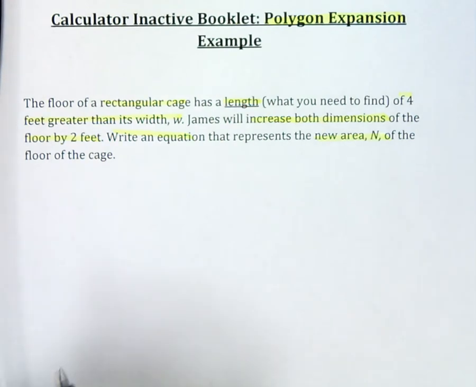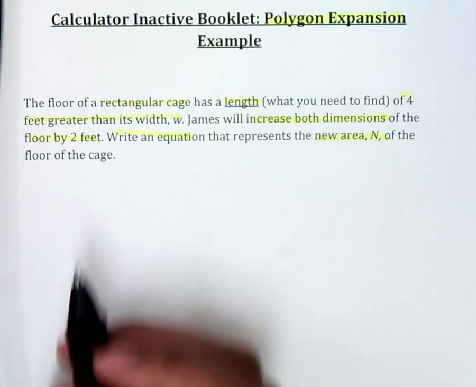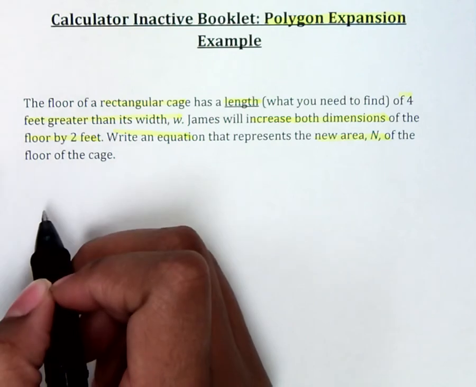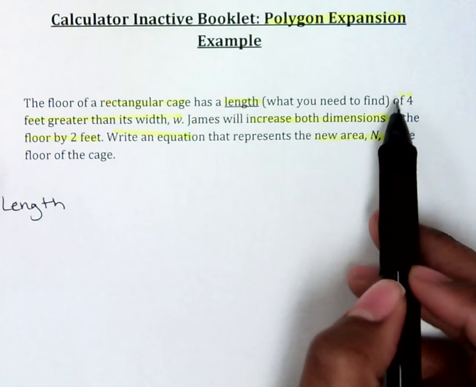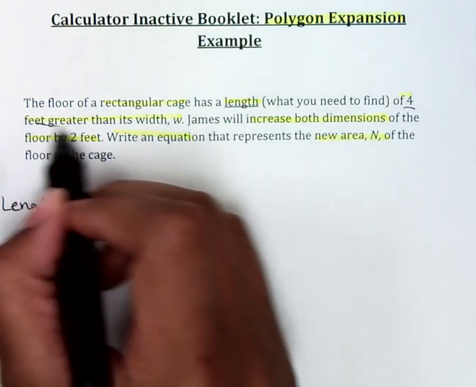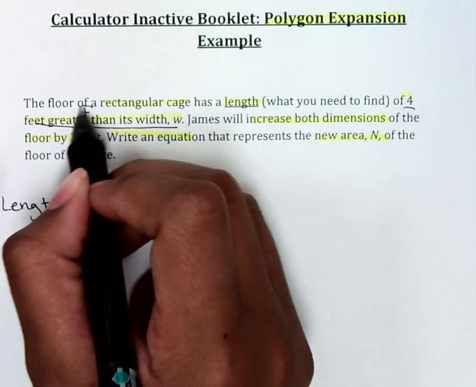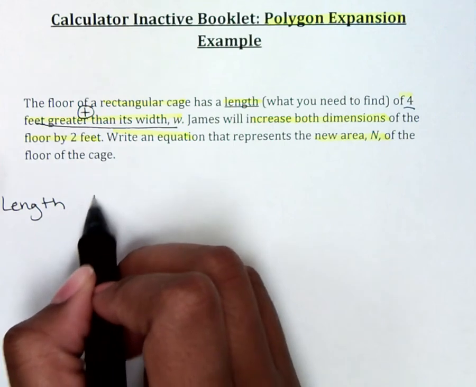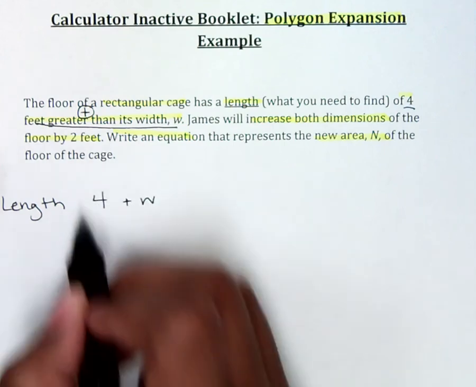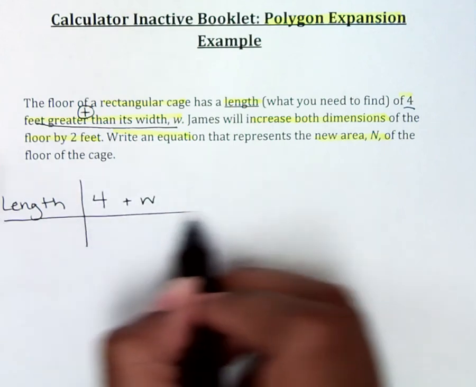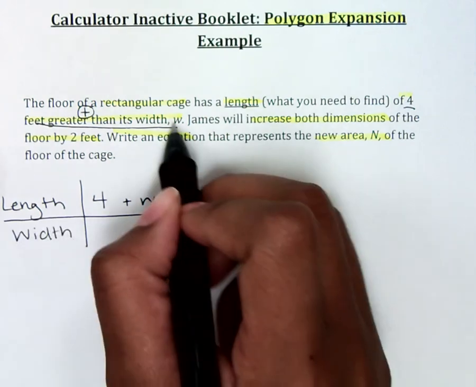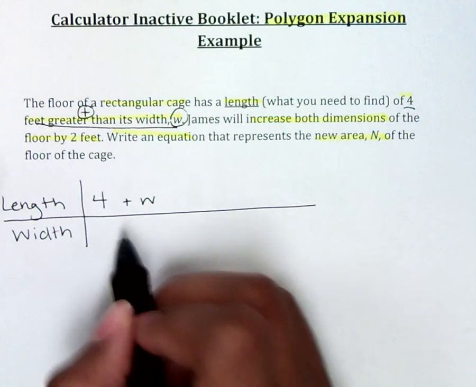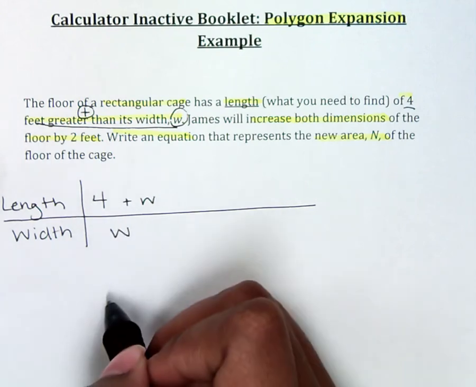So let's write down the information that I do know of my rectangle. I do know that my length is 4 feet greater than its width. Greater than means plus, so therefore I'm going to put 4 plus W. My width, I do not know because it just tells me W, so I'm going to put W here.